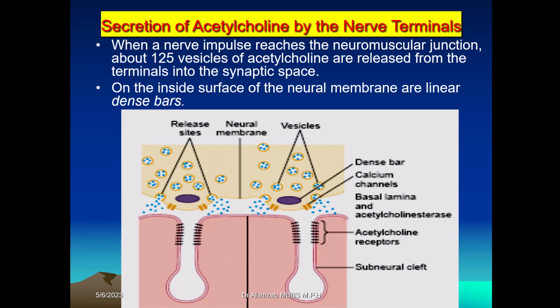On the inside surface of the neuronal membrane are linear dense bars. You can see that here is a dense structure. Here a high concentration of electrons is present, and this area is called the dense bar.